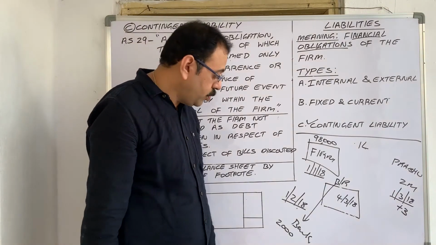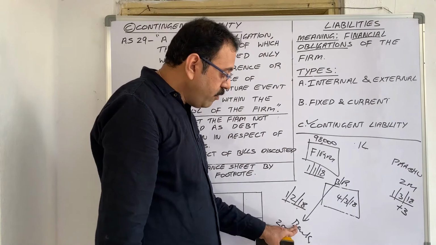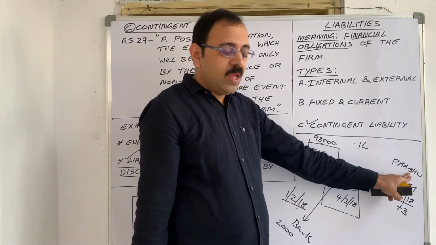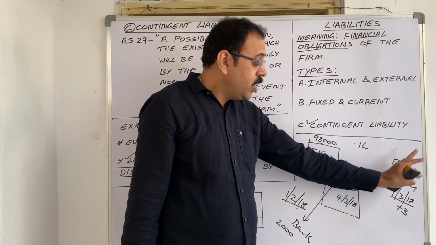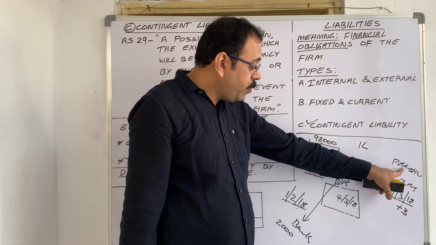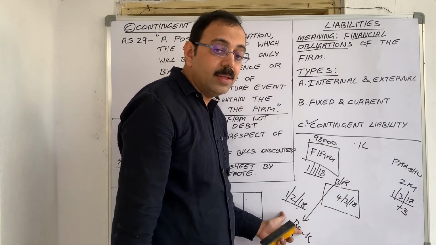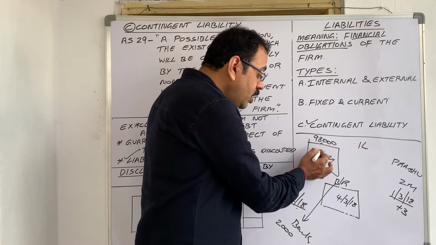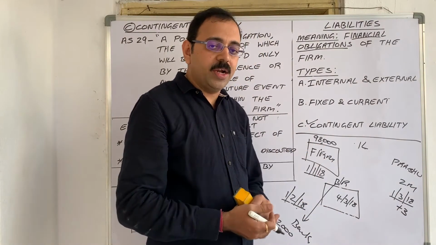Now bill is with whom? With the bank. On the due date, bank went to Prabhu. Bank presented this bill and assume that Prabhu honored the bill. Means what? Prabhu paid bill amount 1 lakh rupees to bank. Then we are not liable to banker because bill is honored.